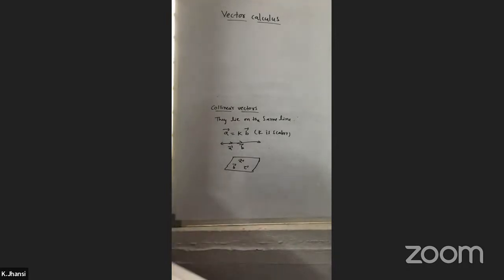Two vectors lie in the given plane, but three vectors may or may not be coplanar. Means they may or may not lie in that plane. It may be outside the plane. So sometimes three vectors may not be coplanar, but two vectors will always be coplanar. So this is the definition of collinear vectors and also coplanar vectors.